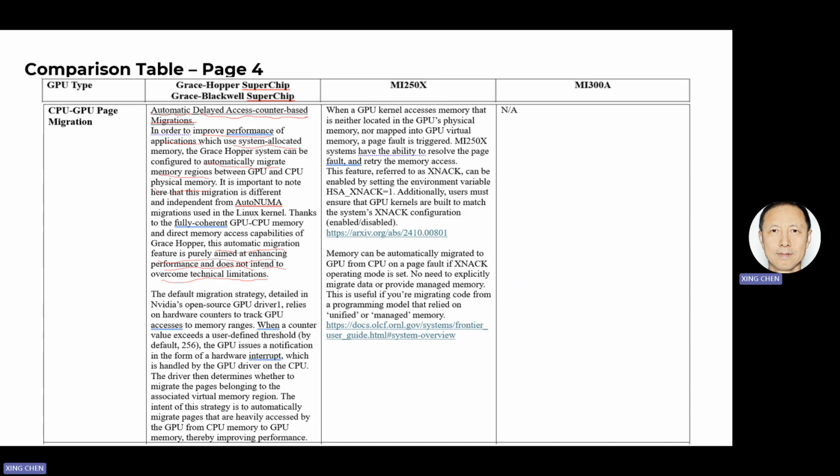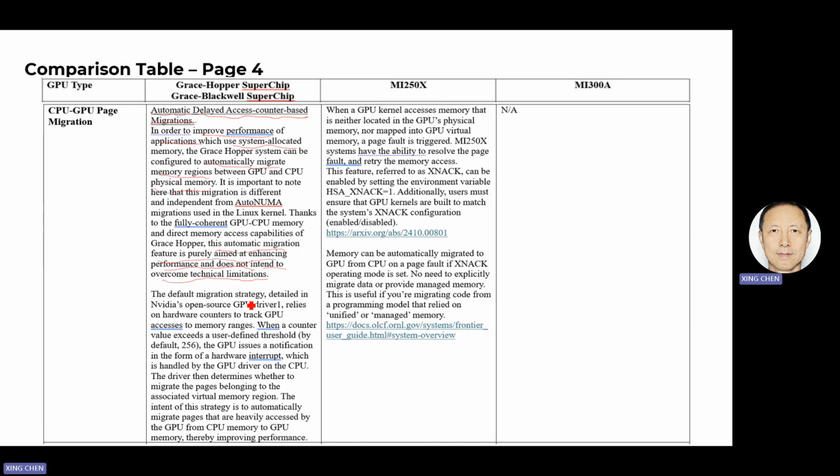So this is purely for performance. Without this kind of feature, the system works, but you are going to have a problem with performance. This one is going to help you to increase the performance.